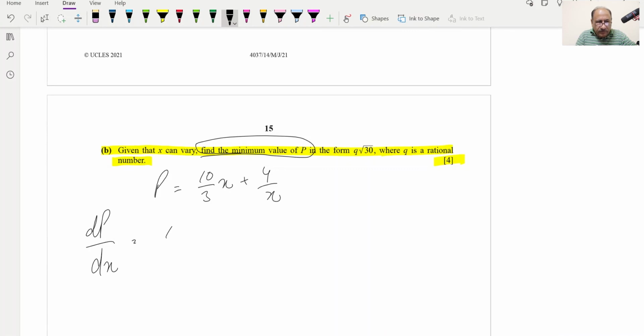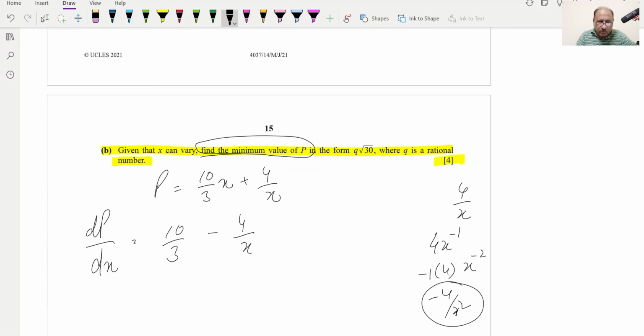So it will be 10 over 3 as it is, and the derivative of x will be 1, and the derivative of 4 over x, we can write as 4x raised to minus 1, and the derivative will be minus 1 into 4 into x raised to minus 2, or we can write it as minus 4 over x squared.